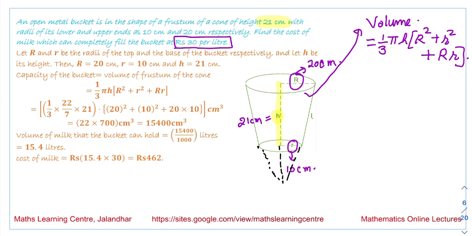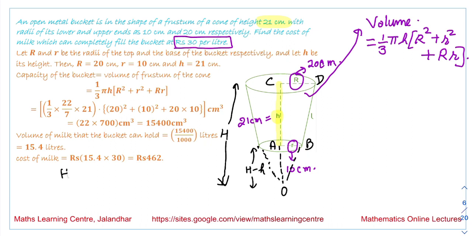If suppose you forget this formula, you complete this cone, consider this height to be h, then apply the previous formula that we have already seen. We have two triangles over here. This is say point O, this is A, B, C and D. So this height is capital H minus small h.